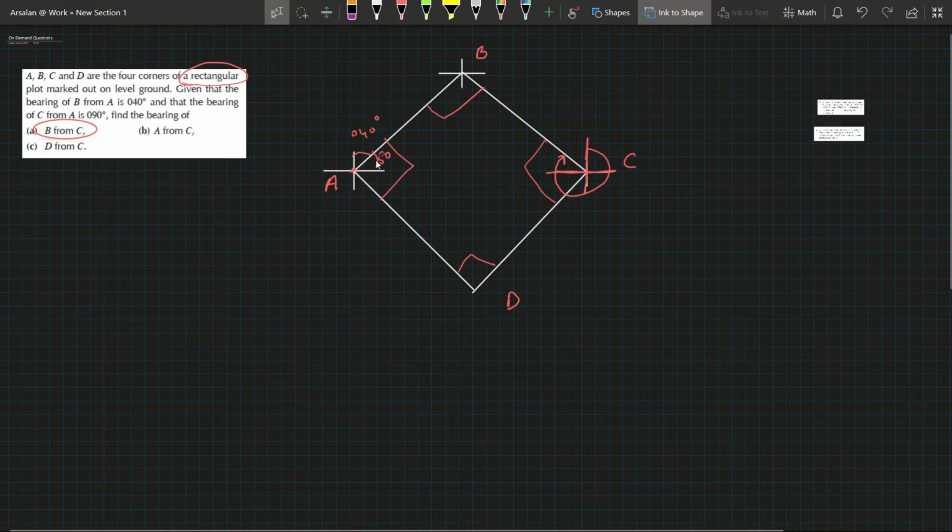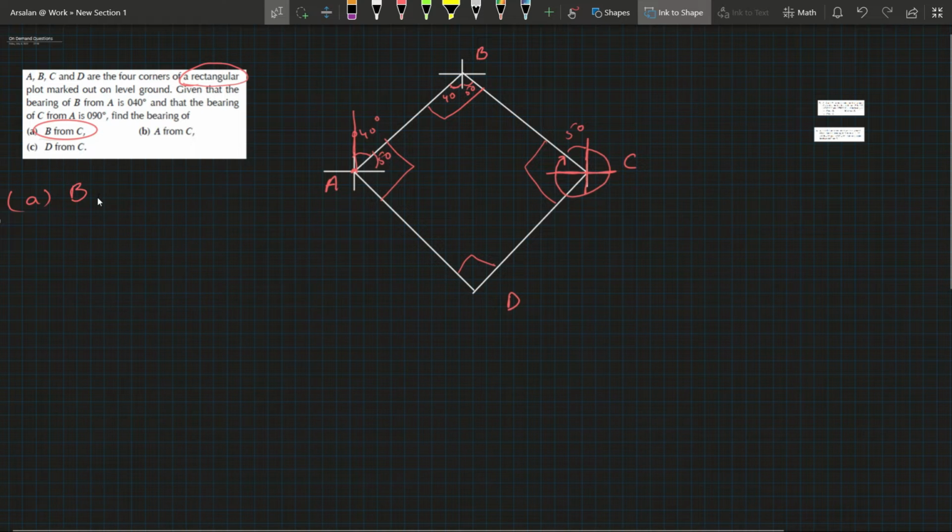Similarly, if the AB line is making a 40 degree angle with the line of north, then here also we have a 40 degree angle, alternate angle of parallel lines, and out of 90 if we take out this 40, then this angle will be 50, and we will shift this 50 here, and we can find the bearing of B from C.